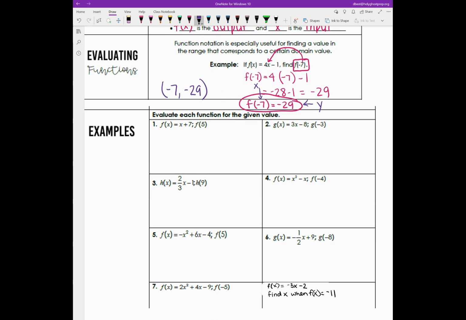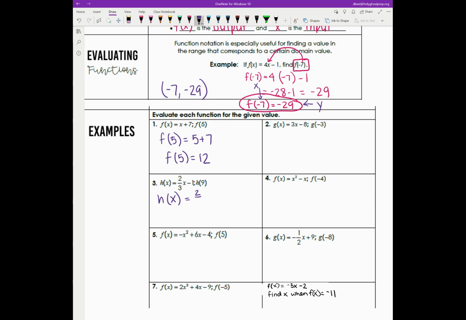So I will do number 1 here, f of 5. So replace any x you see with the number 5. So now it's 5 plus 7. So f of 5 equals 12. And I'm going to keep going down the left side of my equation. H of x, remember I said you can use any letter you want.